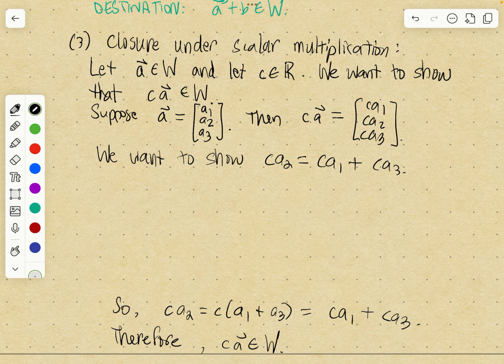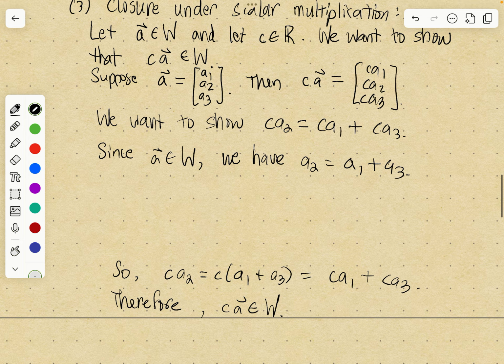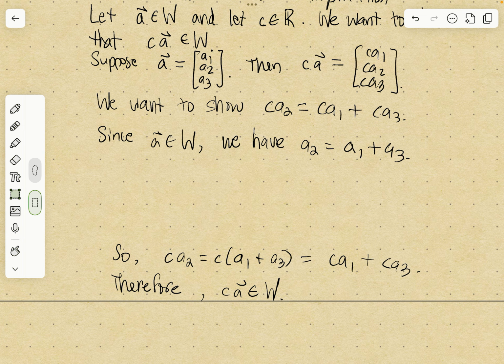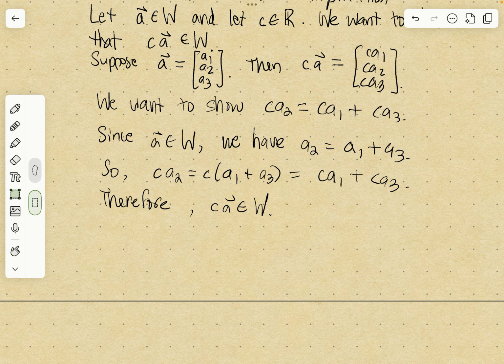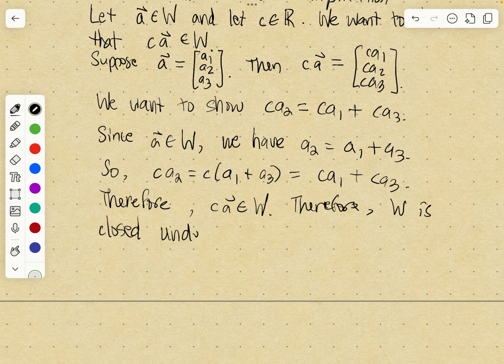And then we would say, since A is in W, we have A2 is A1 plus A3. So CA2 is C times A1 plus A3 equals CA1 plus CA3, therefore CA is in W. And so therefore W is closed under scalar multiplication.